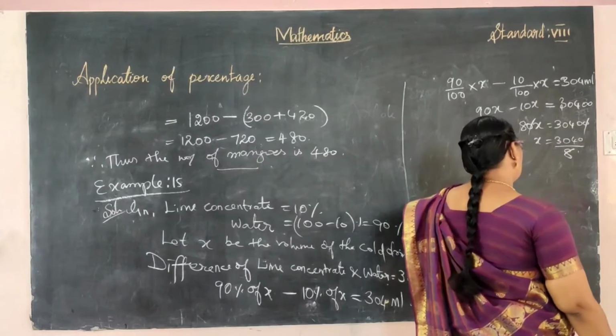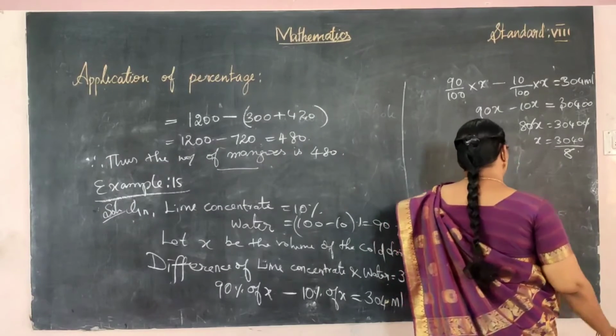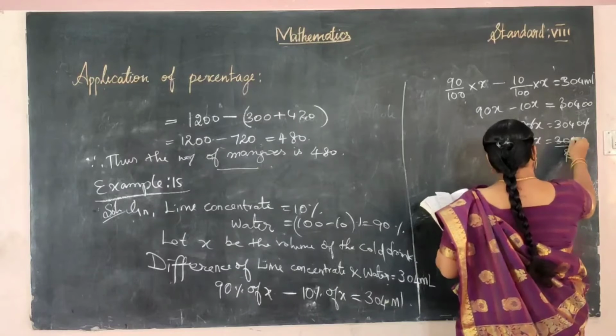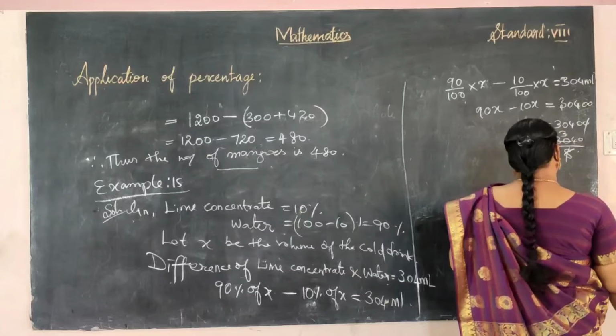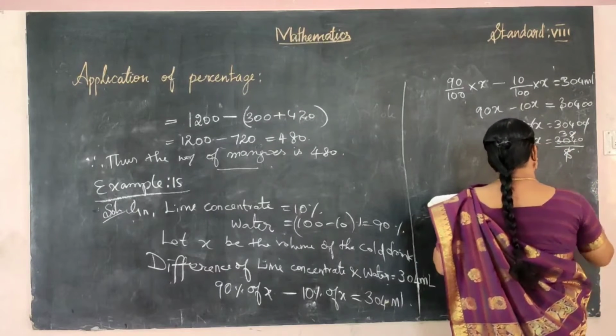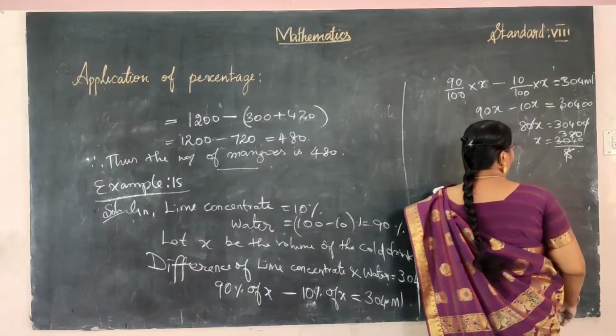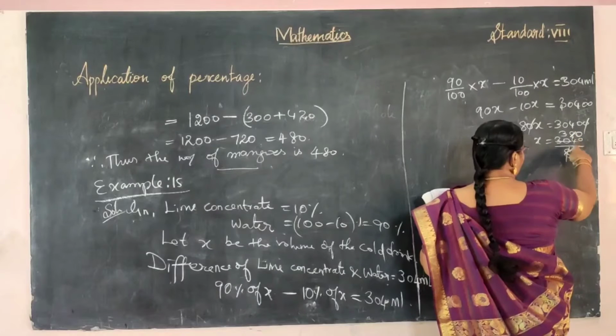Divide by 8: 8 3s are 24, remaining 6, 64, 8 8s are 64, 0.